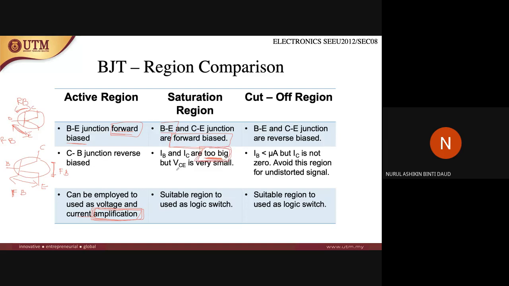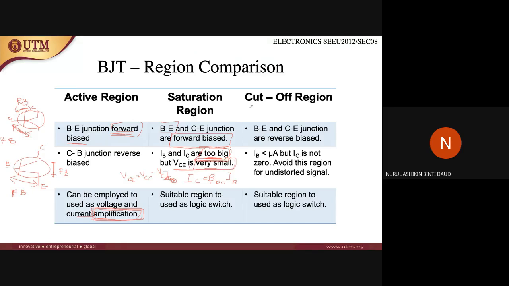But VCE will be very small, because IC equals beta DC times IB. When IB flows too much, IC increases, so the potential drop at the resistor also becomes larger. Since VCE equals VCC minus VC, the VCE value becomes very small.